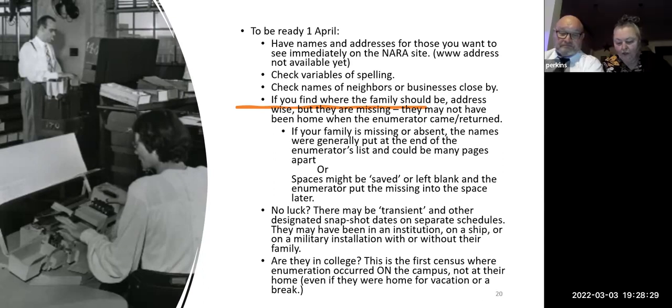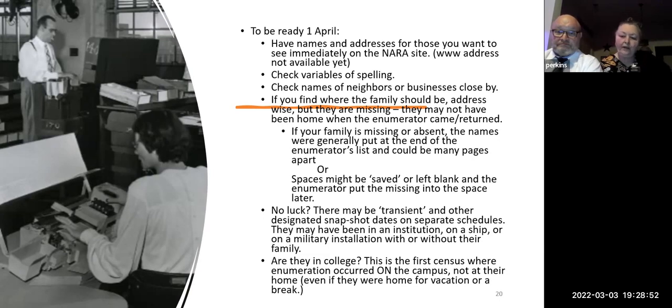But worst comes to worst, if you can't find your family where they should be, here's a few reasons why they might not be there. Maybe they just weren't home that day. Maybe the whole family went to visit Mary, who had a baby, and she lived in another county. And so nobody was home that day.